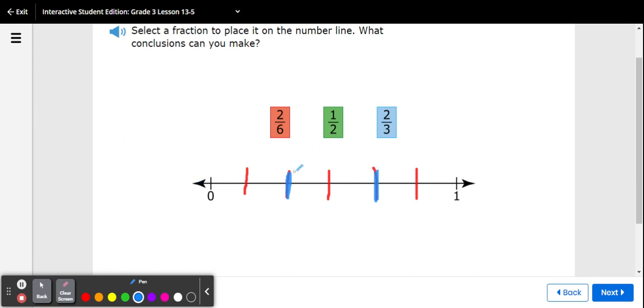So that would be 1, 2, 3. So if I had 2 of the red ones, 2/6, of course we can see that's smaller than if I had 2 of the blue, coming over to the second blue. So that is one way that we have talked about looking at them. So let's go ahead and put that 2/6 is less than 2/3.